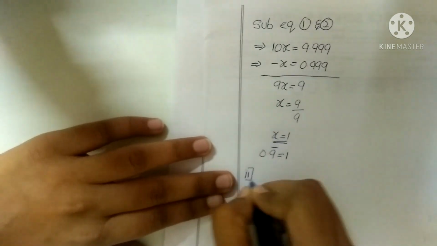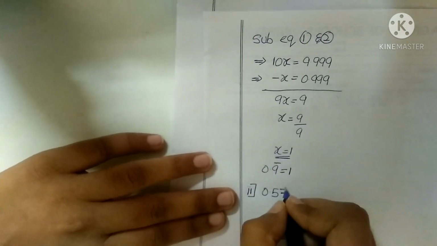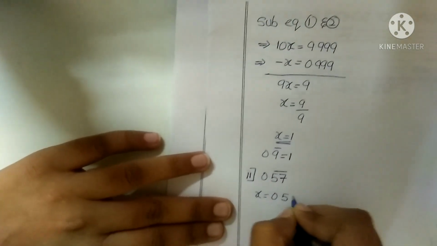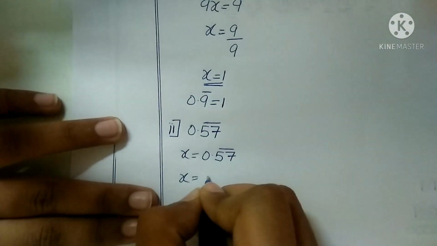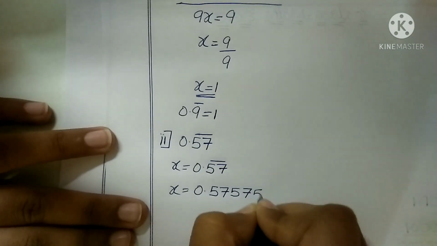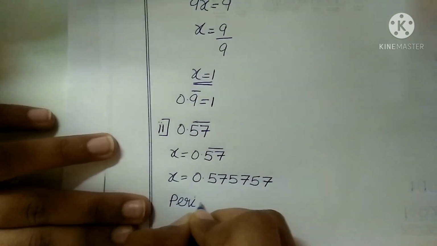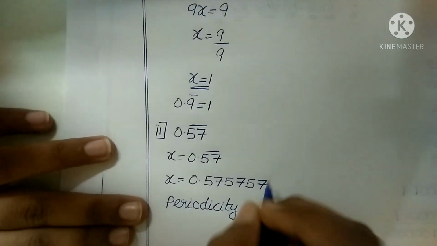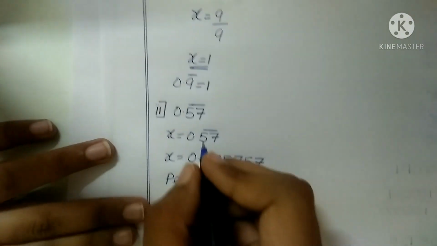Now let us solve the second question. They gave 0.57 whole bar. So x equals 0.57 bar, so x equals 0.575757. The bar is over two numbers, so the periodicity equals 2, and 57 is at the hundreds place.